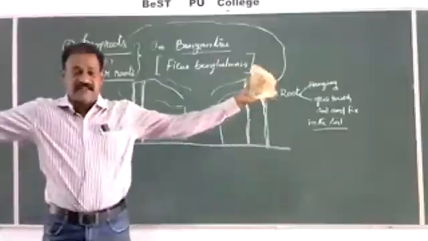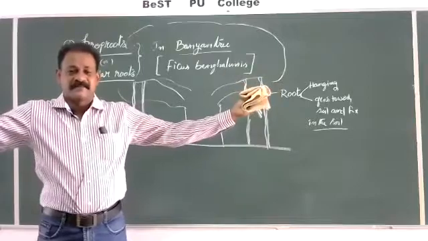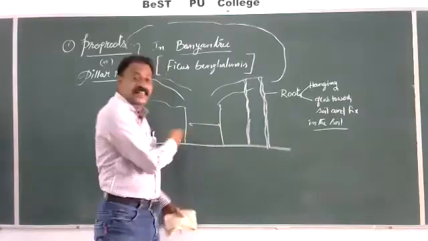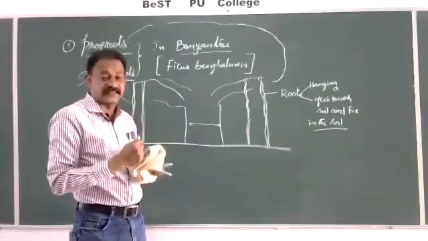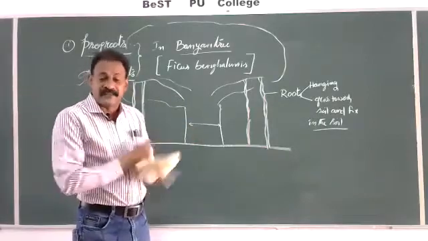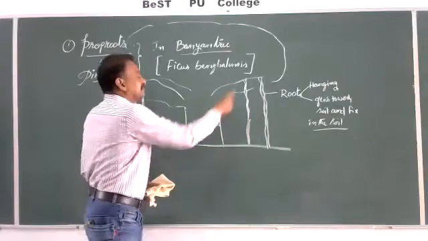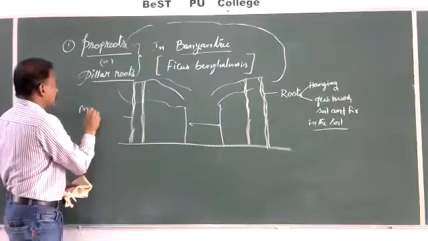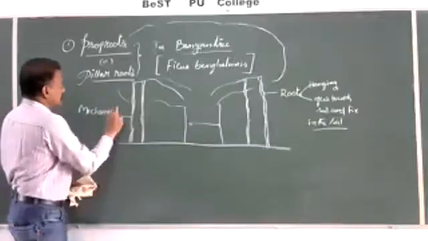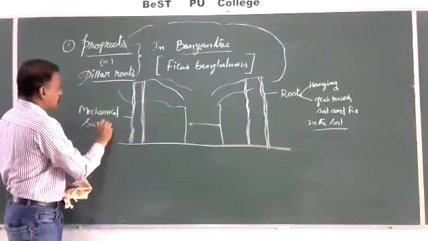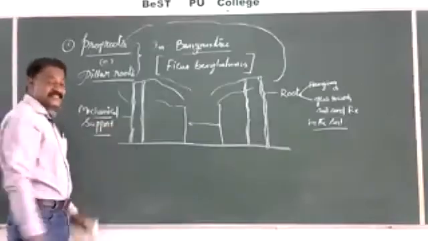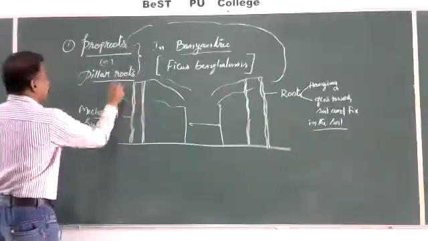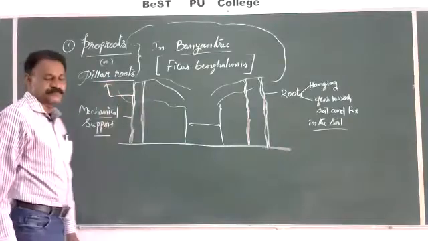The heavy weight of the tree is borne by the trunk, even though the trunk has sclerenchymatous cells, hard cells, which bear the weight of the tree. Along with this trunk, these are additional supports giving mechanical support. They look like pillars, so they are called pillar roots.